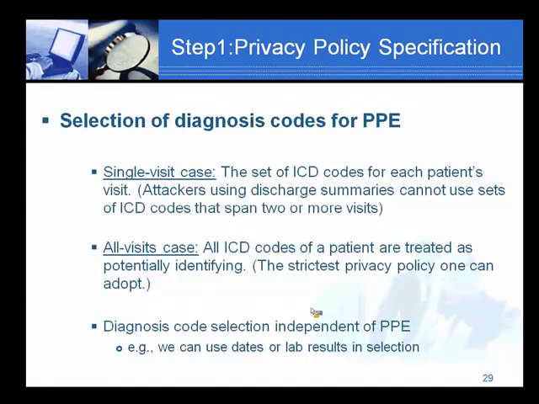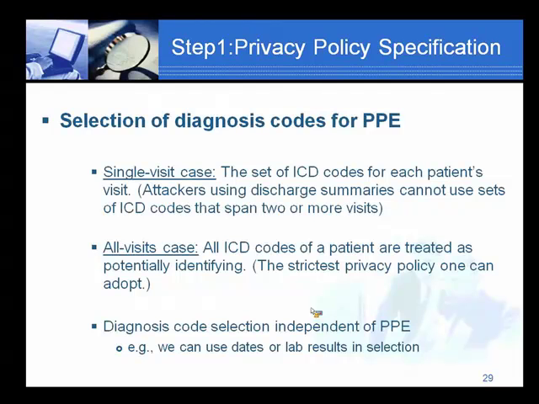So, when a patient goes to an institution to be diagnosed with some diseases, in a visit, all of these ICD codes need to be protected. We restrict ourselves to these codes because attackers using discharge summaries cannot use sets of ICD codes that span 2 or more visits. This has to do with the form of data in discharge summaries.